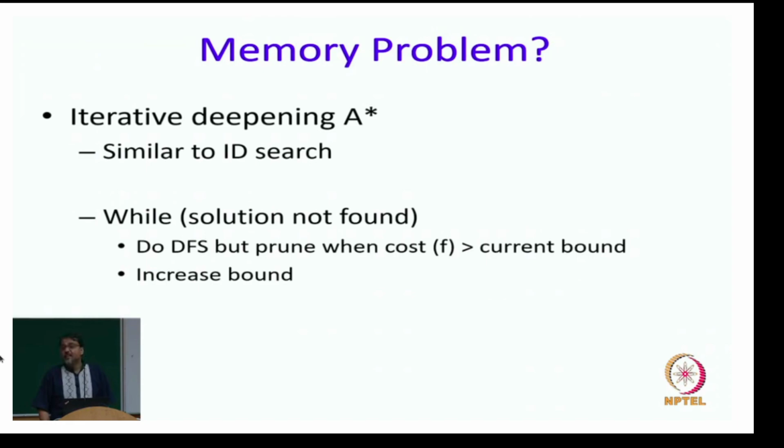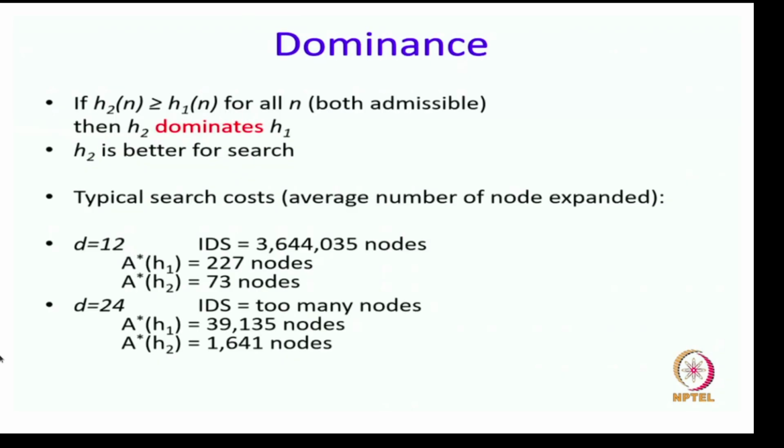We can fix some limit and go to that depth, and if the solution isn't found, we can double it or something like that, and do another round of searching. So we can associate that here. We can put this iterative deepening with A star.